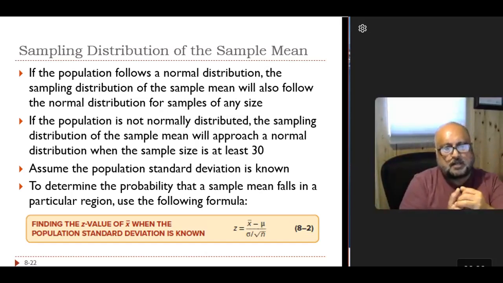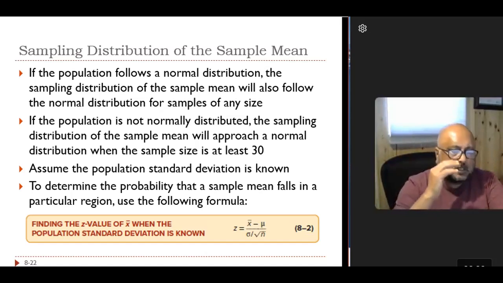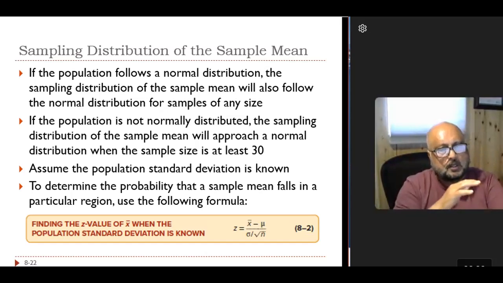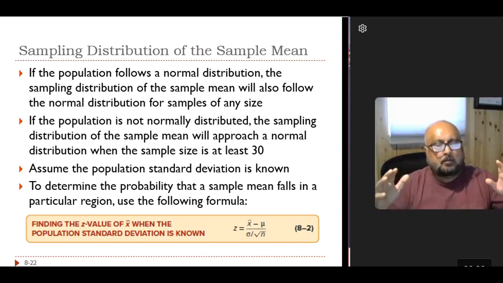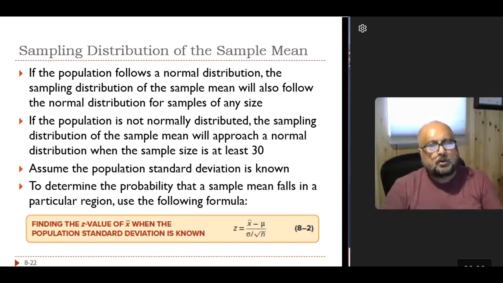This is something we observed before when talking about the central limit theorem. If the population is not normally distributed, not a perfectly symmetrical bell-shaped curve, and it's skewed to one side or the other, then you need a sample size of at least 30.